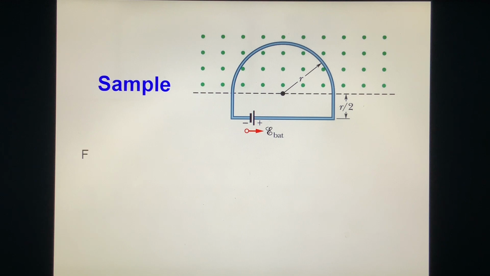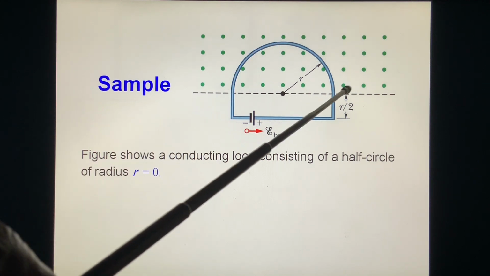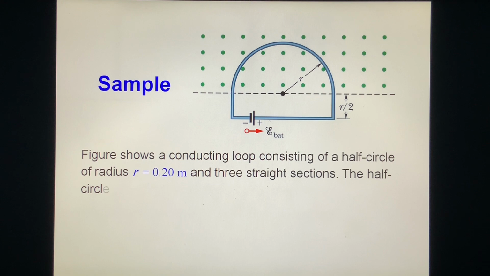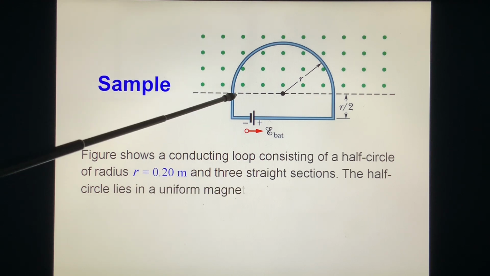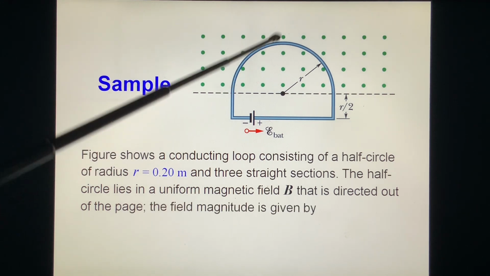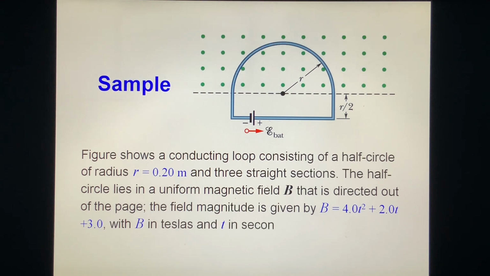Example. The figure shows a conducting loop containing a half circle of radius r equals 0.20 meter and three straight sections 1, 2, 3. The half circle lies in a uniform magnetic field B that is directed out of the page, toward you.